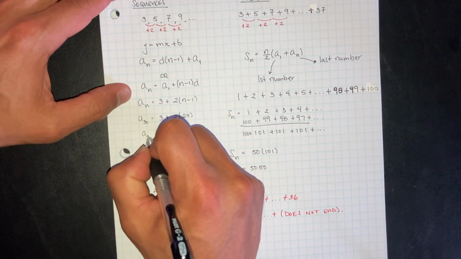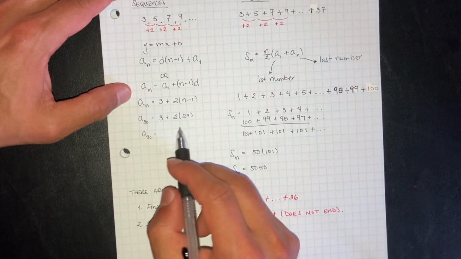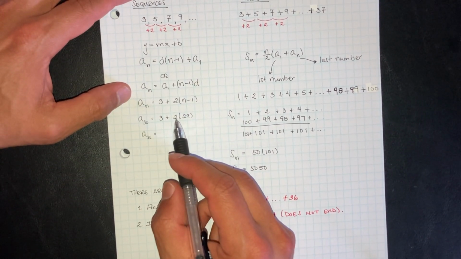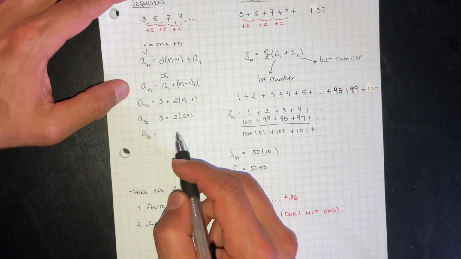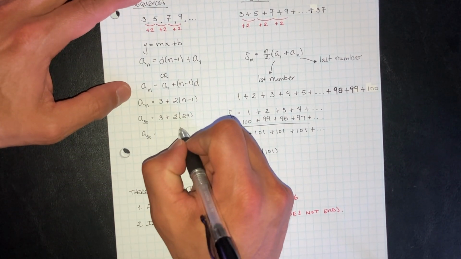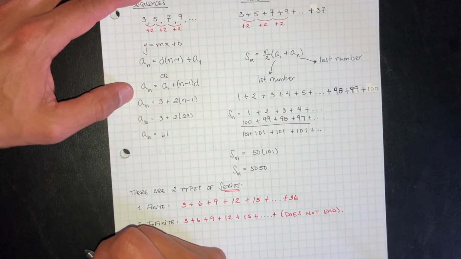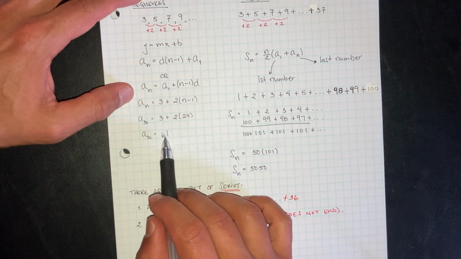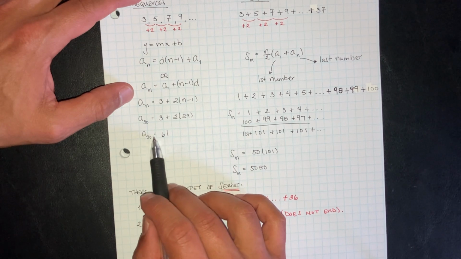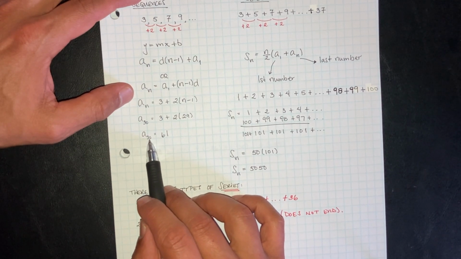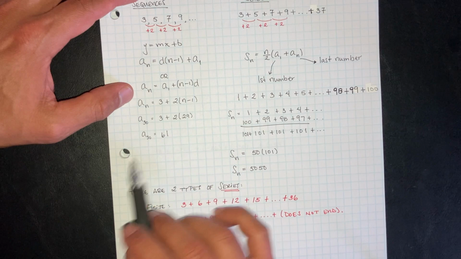Okay. So then I continue. 2 por 29. 29 times 2 is 58. 58 plus 3 is 61. Entonces, el número 30 de la secuencia, the 30th number of the sequence is going to be 61.